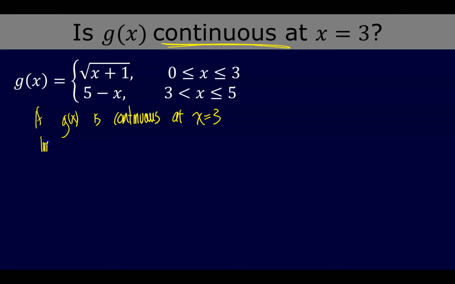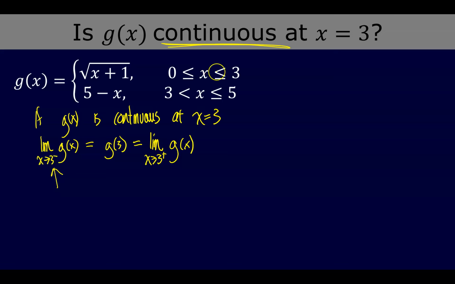That would mean the limit as x approaches 3 from the left of g of x should be equal to g of 3, which should be equal to the limit as x approaches 3 on the right of g of x.